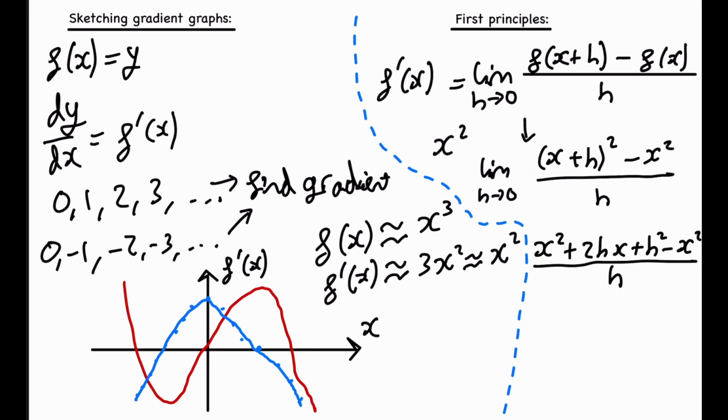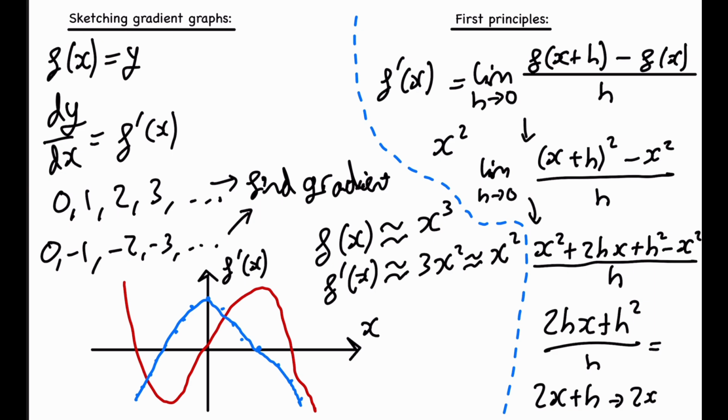And remember to apply your limit down here. And because the x squared and x squared cancel out, you would get 2hx plus h squared over h, which can be simplified into 2x plus h. And now, if we tend h to 0, we can just substitute h as 0, and we would get 2x. And this is our derivative for x squared.